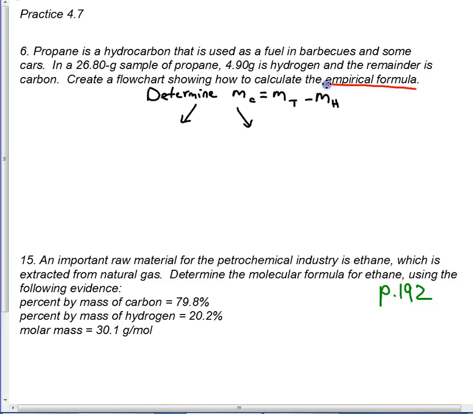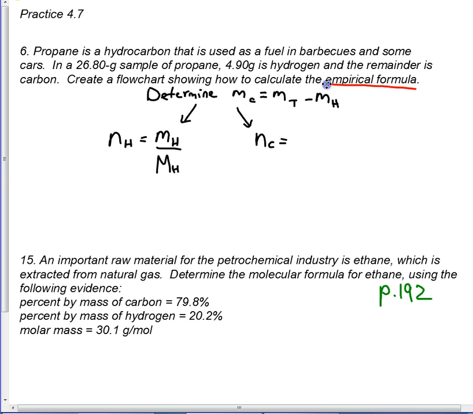From there, we can determine the number of moles of both hydrogen and carbon, and that would require us to divide our mass of an element by the molar mass of the element, which is 1.01 and 12.01 respectively.